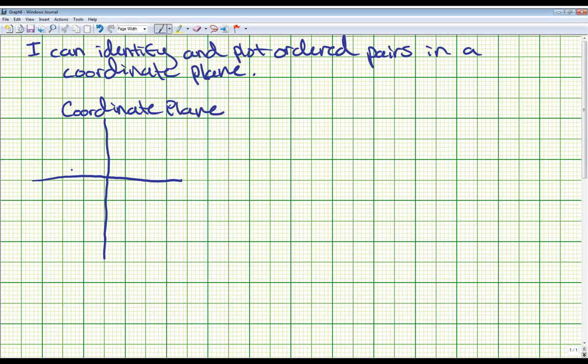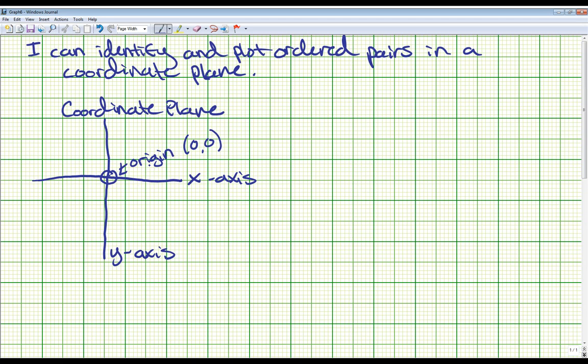The line that goes from right to left is called the x-axis, like we've discussed before, and the line that goes top to bottom is called the y-axis. This middle point right here is called the origin, and the ordered pair for the origin is 0, 0. So that's what we locate there.